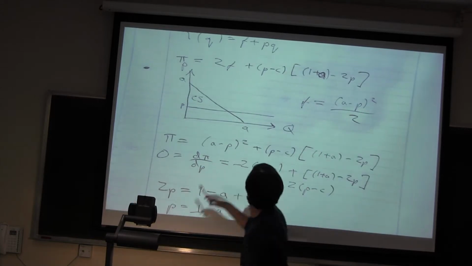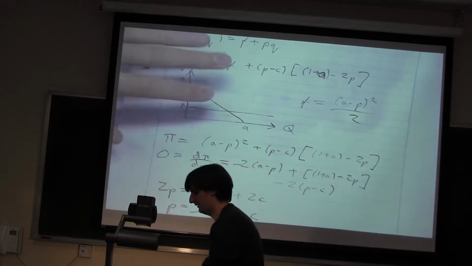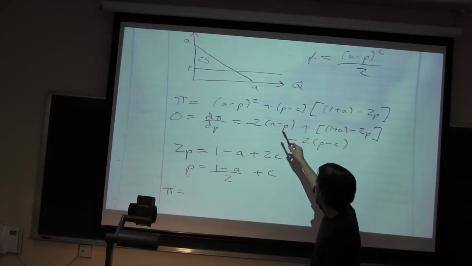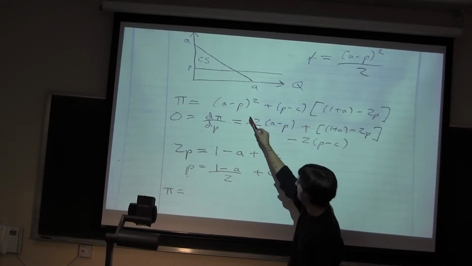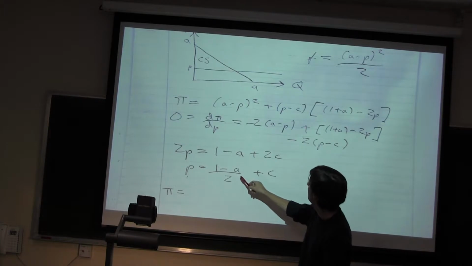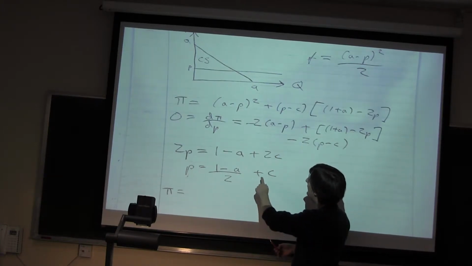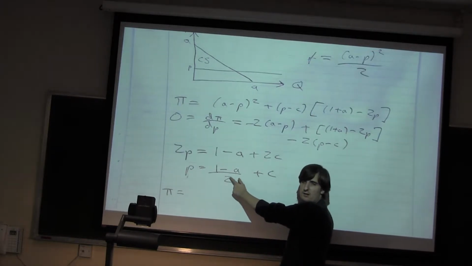So when we sell to both types, this was the level of F. That was the level of F. Profits were given by this expression. I will put in prices here. Okay, so A minus P, we've got a minus A over 2 here.